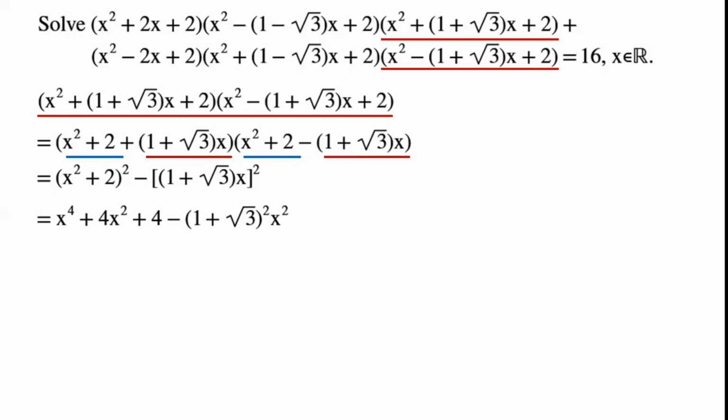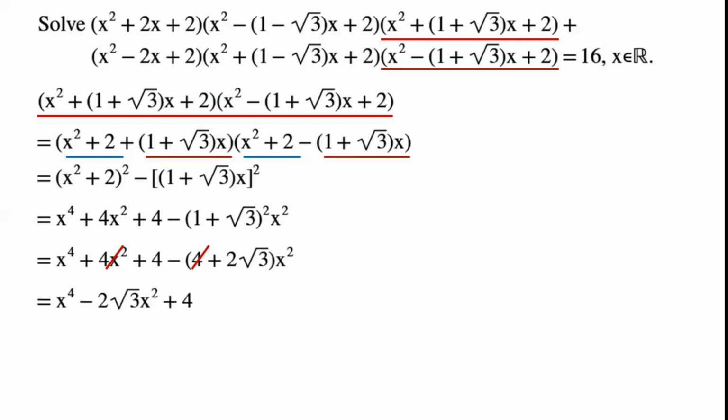which can be written as x to the power of 4 plus 4x squared plus 4 minus 1 plus root 3 all squared x squared. 1 plus root 3 all squared can be written as 4 plus 2 root 3. 4x squared and minus 4x squared cancel.